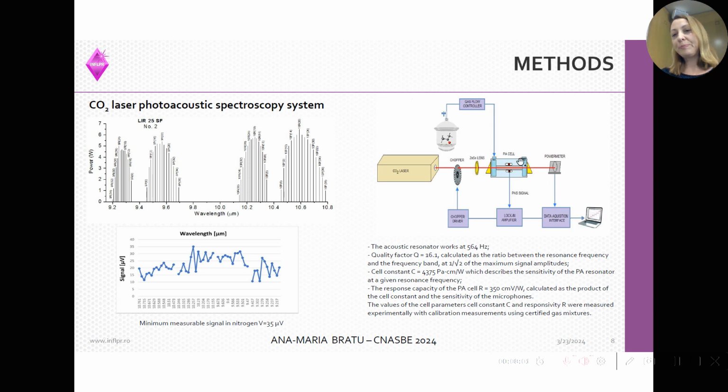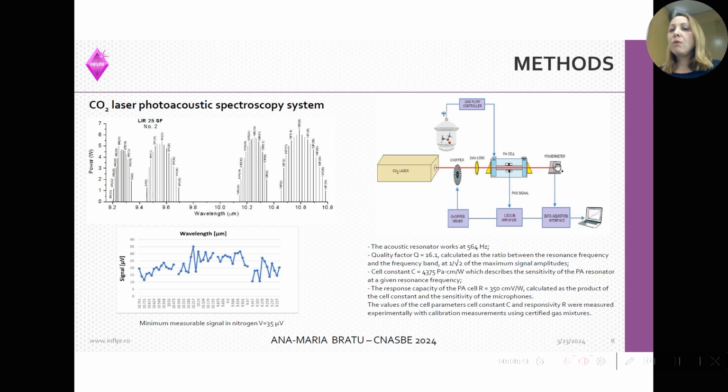The acoustic wave is recorded by 4 sensitive microphones placed inside the resonator, and the acoustic signal is converted into an electrical signal and transferred to a lock-in amplifier. The laser power inside the photoacoustic cell is considered constant, and after passing through the photoacoustic cell is recorded by a power meter.